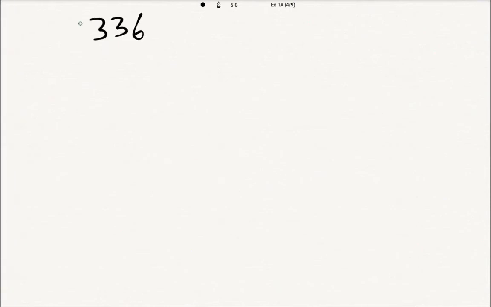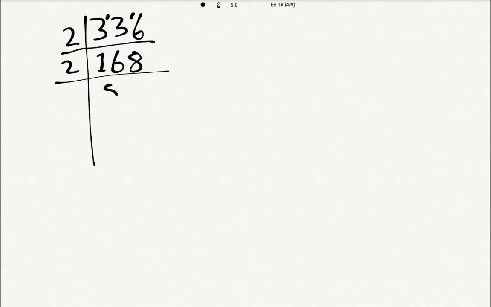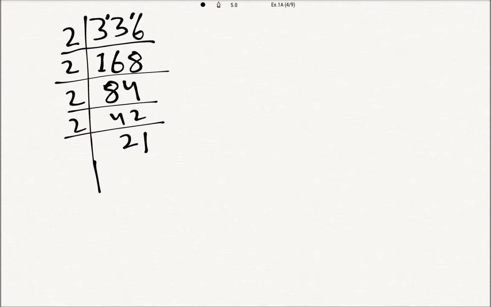336. Now the method: 2 1s are 2, 2 6s are 12, 1 is remaining, attached with 6, 2 8s are 16, 2 4s are 8, 2 2s are 4, 2 1s are 2, and now we will use 3, not another number, and 7, 7 1s are 7.